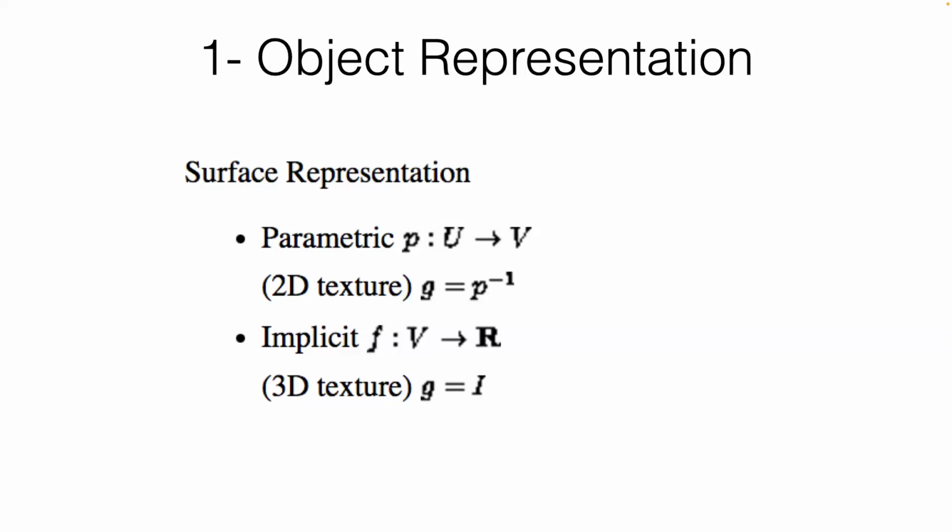An implicit function is a function of the ambient space, and then we usually use a 3D texture, because basically we put the texture in the 3D space and carve the shape of the object, like you have a block of marble and then you carve a statue. And so in that sense, G is the identity.